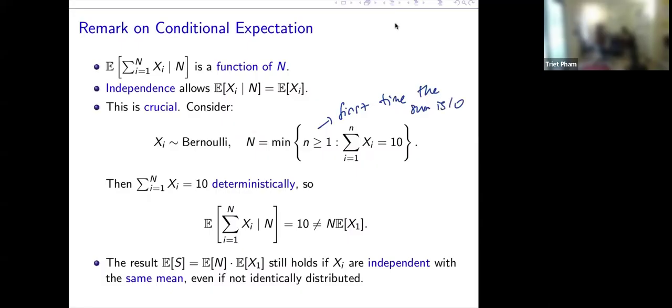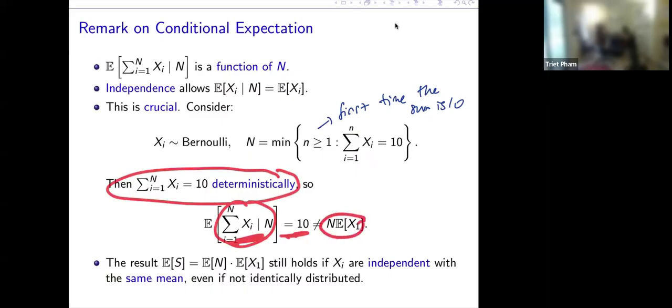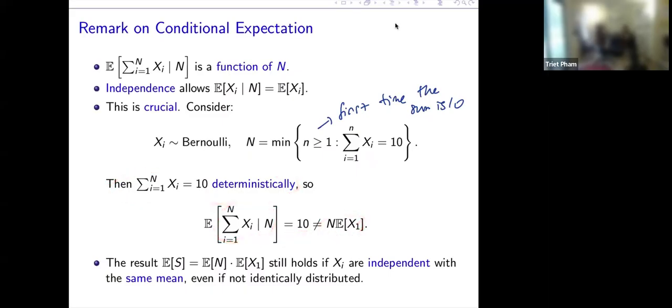Then by definition, this sum is always 10, so it cannot be N times the expectation of x1. Of course, notice that here I constructed N to be dependent on the xi's. That's why it cannot work out like that.